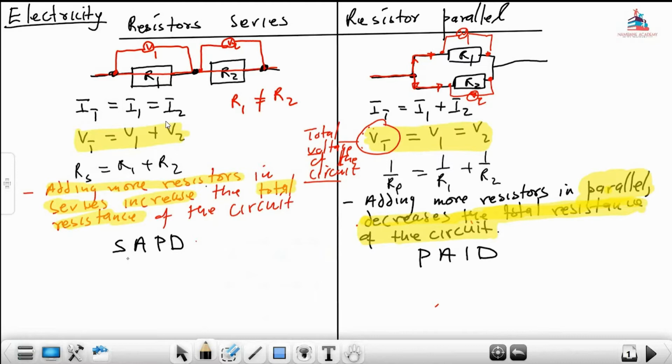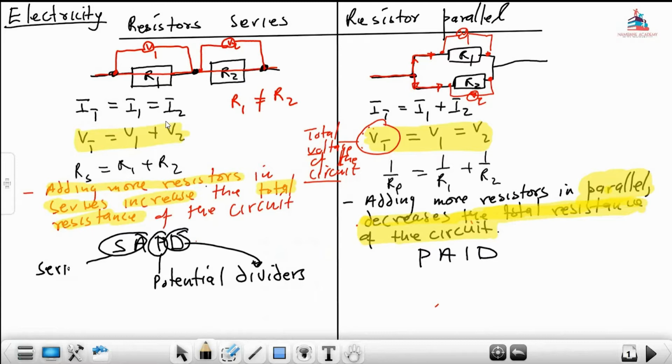When I have a series connection, resistors are potential dividers. So once I have a series connection, the resistors are called potential dividers.